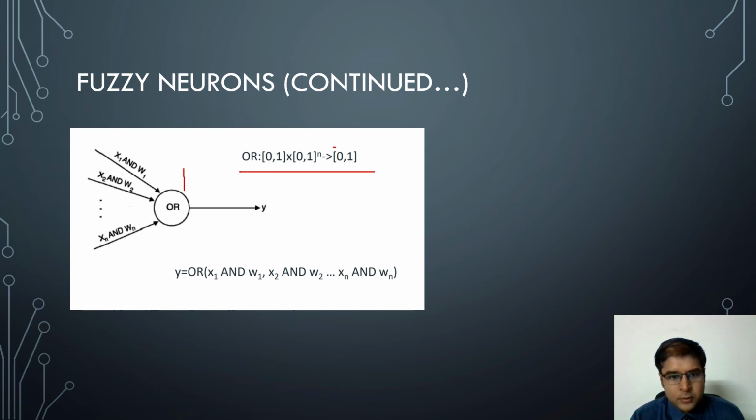So basically the output is from 0 to 1 as shown here, and this is the w, and this is x, which is an n-dimensional vector. Then y is finally the OR operation result from x1 and w1, x2 and w2, and so on.